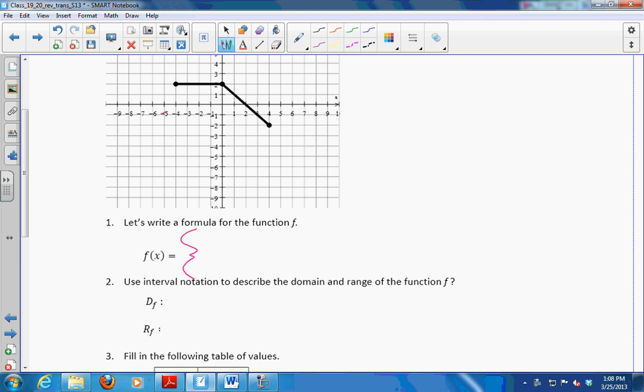So what's the formula for that horizontal line? Y equals 2, yeah. So f of x equals 2 is going to be one of my formulas. And then what's the equation of this other line?